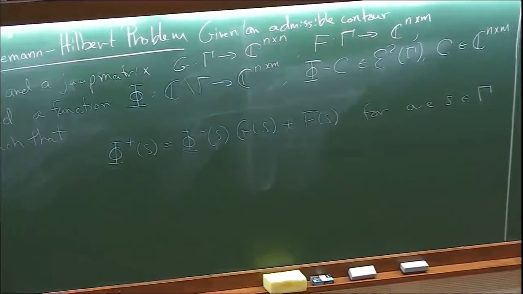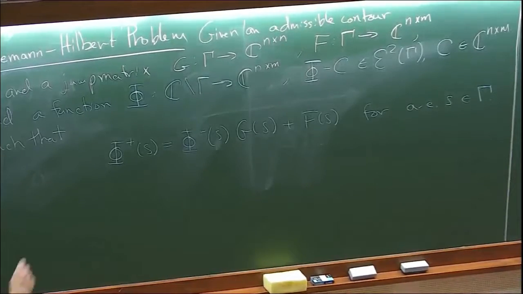Heuristically, I'm looking for a function phi, analytic off the contour, a matrix valued function that tends to the constant matrix C at infinity, and it satisfies this jump condition.